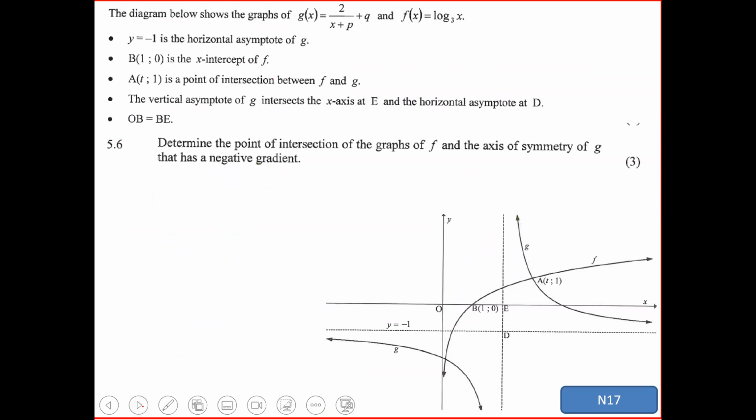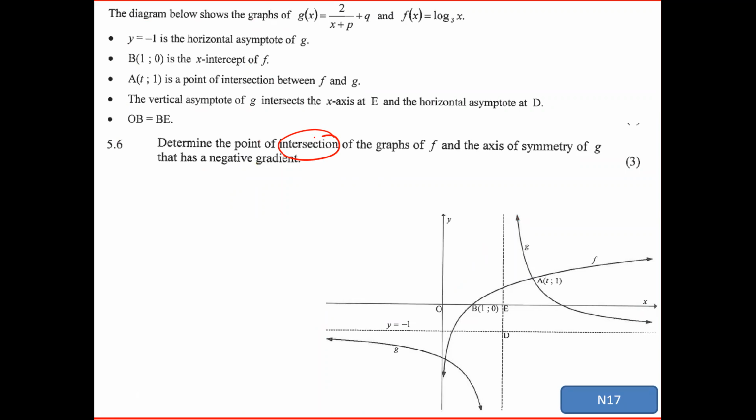And then we come to the last question. 5.6. Determine the point of intersection. How do we find points of intersection? Equate the graphs. Yeah, but there's a catch here now. Let's go a little deeper.